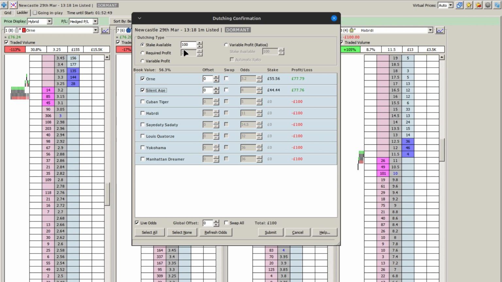Still the same stake, £100. But the thing to note here is that our £100 is now split. We're £55 on the first and 44 on the second.